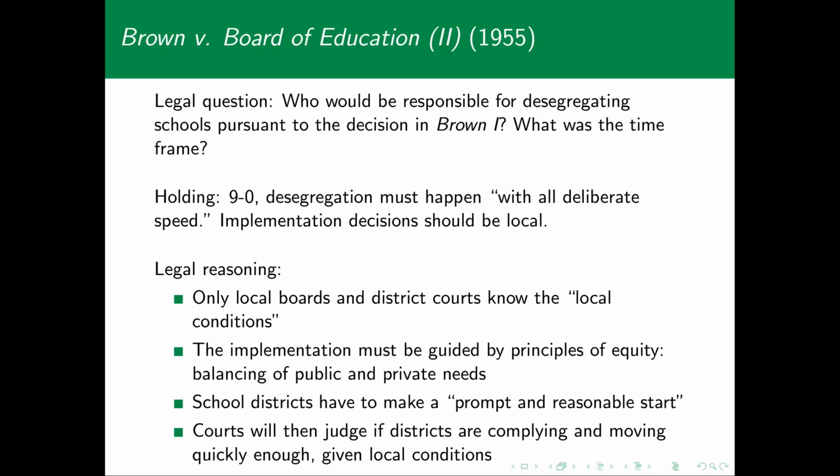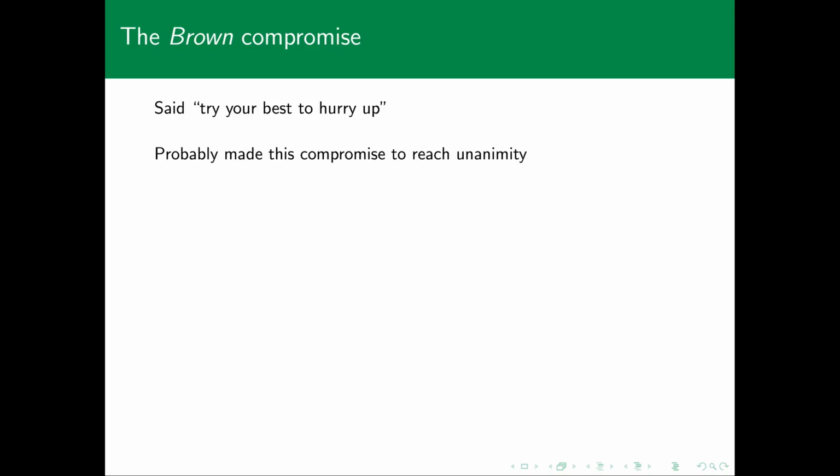So this is really a huge compromise here. They said, try your best to hurry up, which is not really much guidance at all. I think the conventional wisdom here is that this was a compromise, again, made to reach unanimity. They really wanted this to be a 9-0 decision, so they kind of had to come to this middle ground.